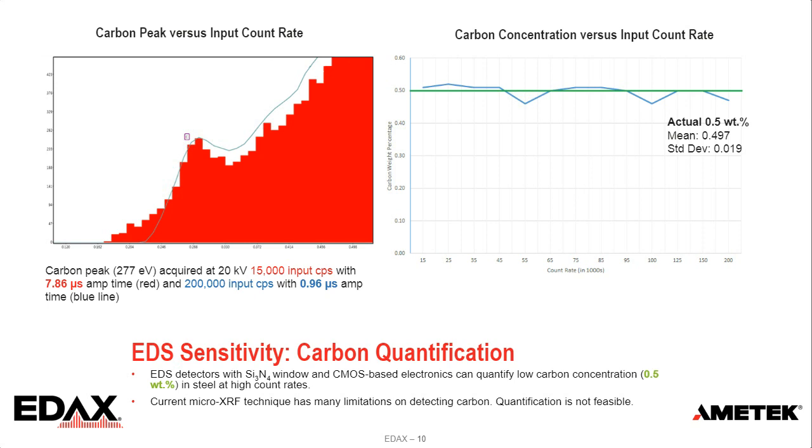In the chart on the right-hand side, this is carbon concentration as a function of increasing count rate up to 200K. We can see as we increase the count rate all the way up to 200,000, the carbon concentration is pretty accurate and stable. The mean concentration is 0.497, pretty close to the certified number of 0.5, and the standard deviation is very small.